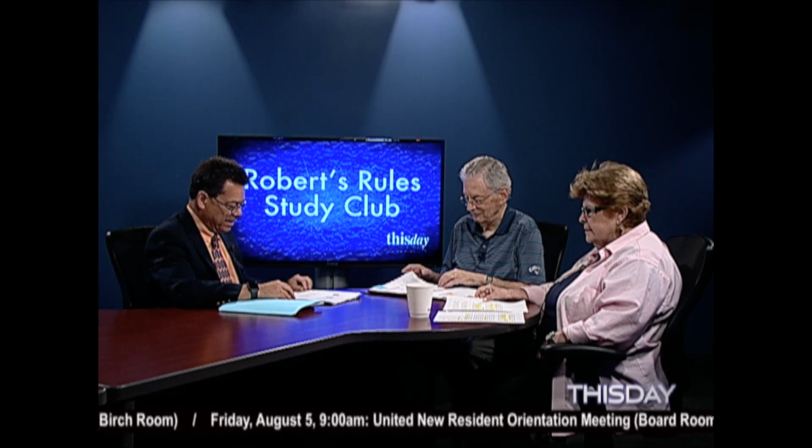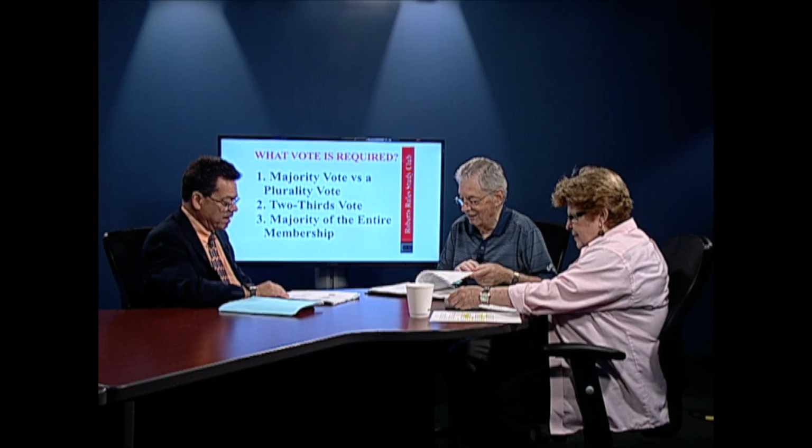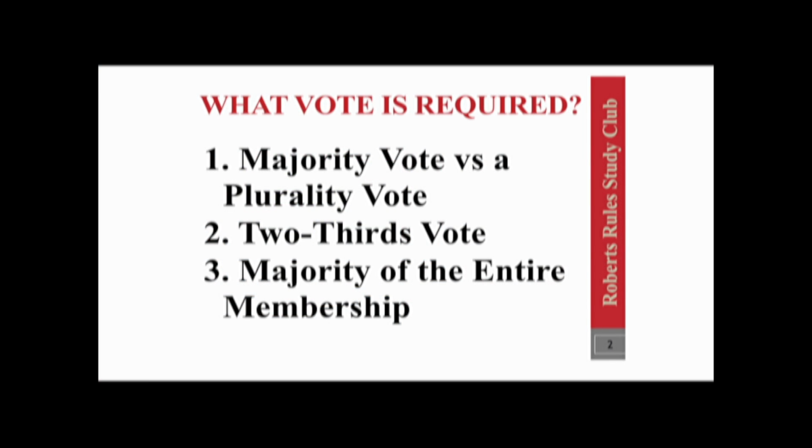Today it looks like part of the topic we're going to talk about is votes, right? Yes. And what vote is required is our starter. We have a majority vote, a plurality vote, a two-thirds vote, and a majority of the entire membership. A majority vote is normally required to adopt a motion or to elect to office.